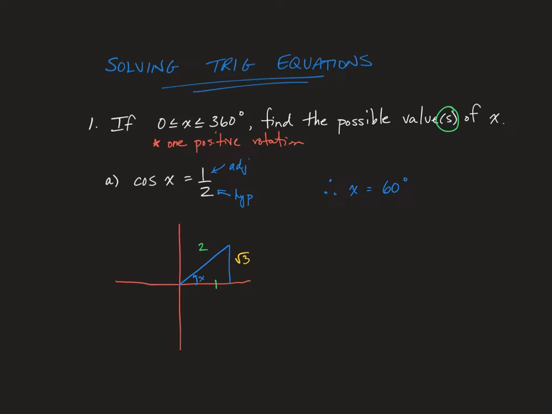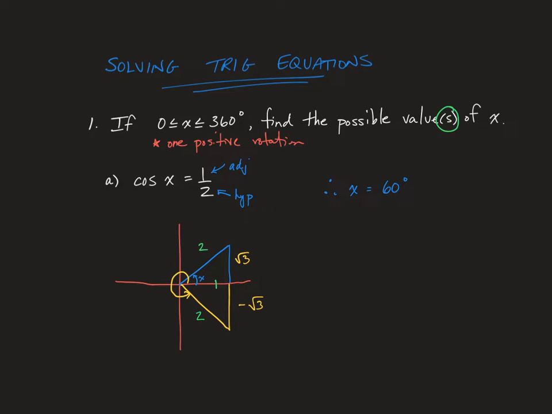Perhaps my triangle could have existed down here. I would still have an adjacent side of 1, and I could have that hypotenuse of 2. It would mean that my opposite side would be negative root 3, but that still doesn't change the value of cos. It would still be positive 1/2. So what would that angle measurement be if I had to rotate all the way around to my fourth quadrant?